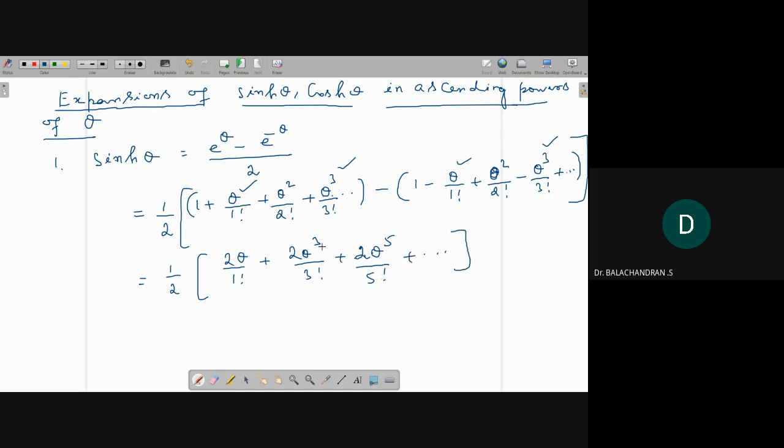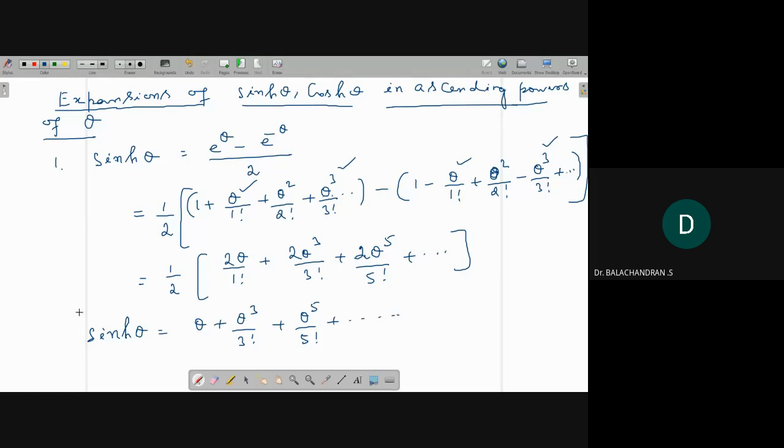So only you have odd powers of theta. Now take 2 commonly from the numerator and cancel with these 2. Therefore, sin h theta is theta plus theta cube divided by 3 factorial plus theta power 5 divided by 5 factorial, plus and so on.